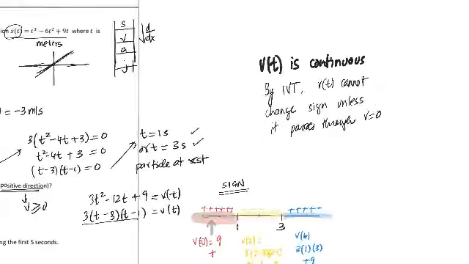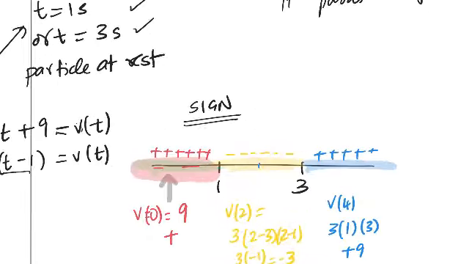So if you remember this from Unit 1, this is the idea that, if you're just thinking of a velocity graph, for the velocity to go from negative to positive, it has to cross through 0. And we know that the only two places where it crosses through 0 are here, v is equal to 0 at time 1 and v is equal to 0 at time 3. And so those are the only places where it could change sign, and that's how we can make this sign chart.